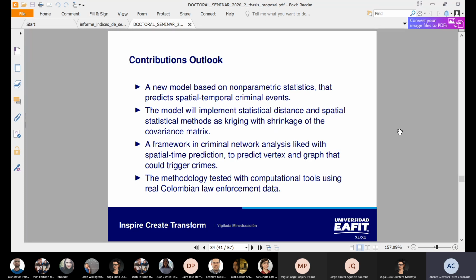The model will implement a statistical distance and statistical methods such as kriging with shrinkage of the covariance matrix, and a network framework for space-time prediction of vertices to find which vertex will be involved in a crime at point P. The methodology will be tested with computational tools using real Colombian law enforcement data that we already have.